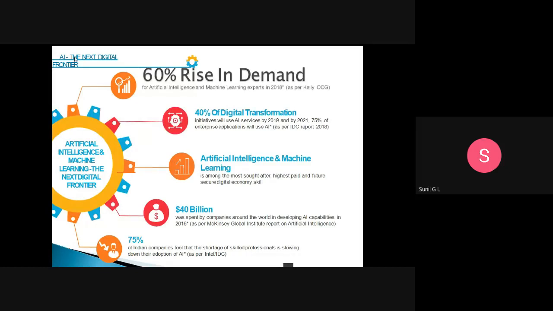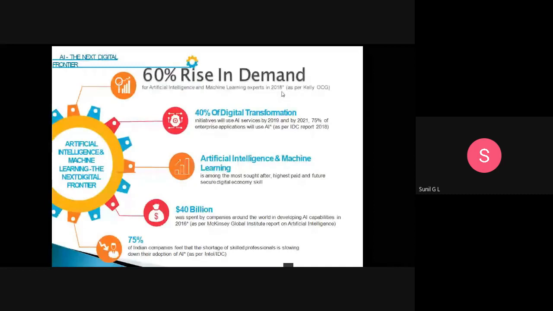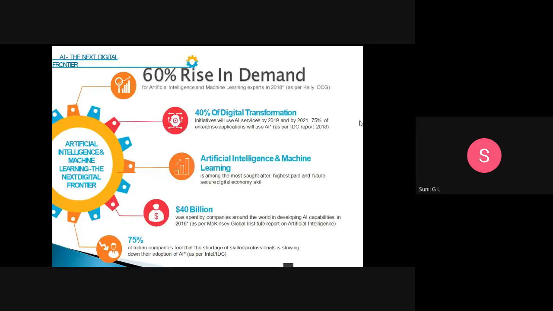There is a 60% rise in demand for artificial intelligence and machine learning experts, and 40% of digital transformation. In company enterprises, everything will be transferred to digital transformation.